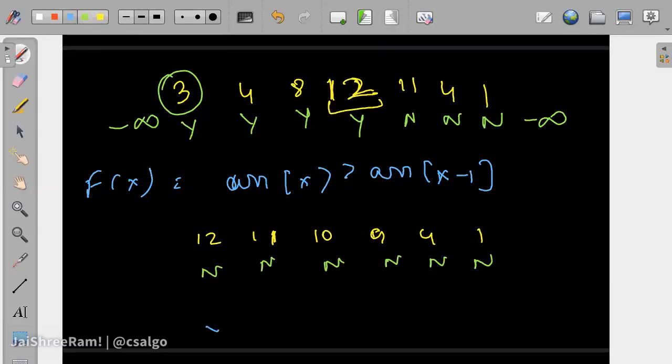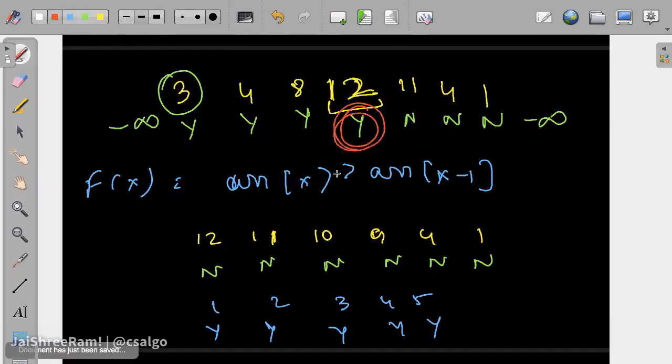The other way around would be all yes, like 1, 2, 3, 4, 5, then it will be all yes. So these are the scenarios, and in this transformation, we need to find the last yes. So the strategy would be the same: as you see a yes, either that's the answer or move right. If you see a no, move left.